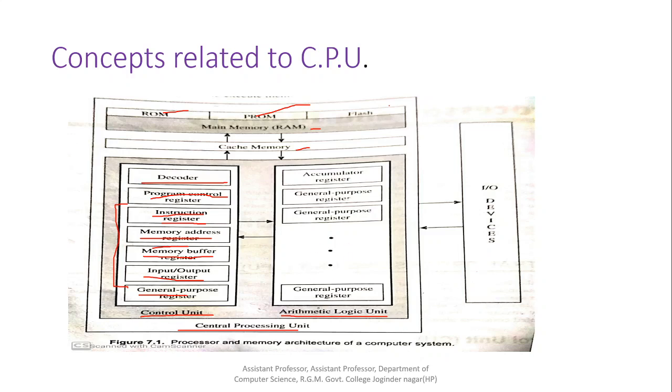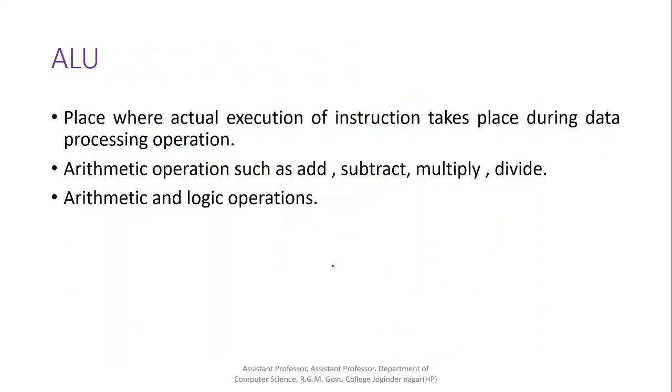In the arithmetic logic unit we also have accumulator registers and other general purpose registers. The next part in the CPU is the ALU, that is the arithmetic logic unit, and it is the place where actual execution of the instruction takes place during data processing operations.